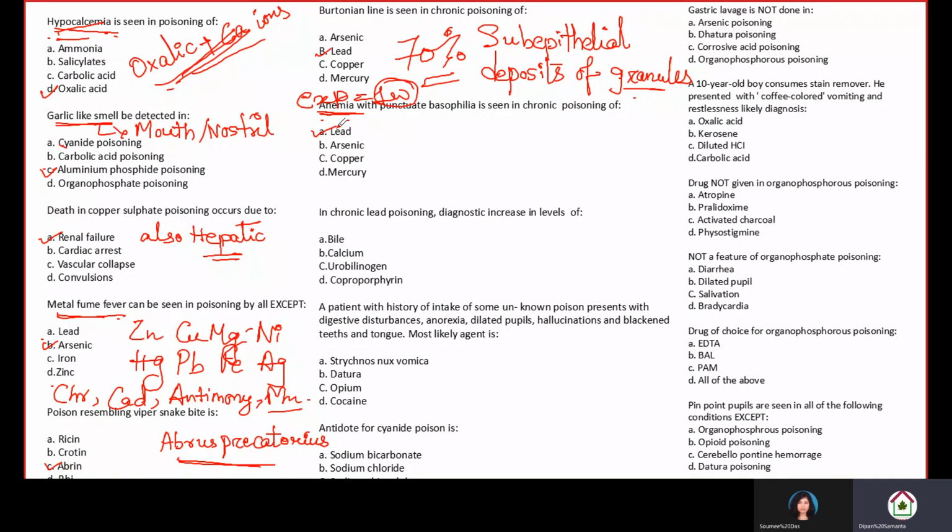Okay, next question: in chronic lead poisoning, diagnostic increase in levels of which one of the following? Coproporphyrin 3. This will be the answer.